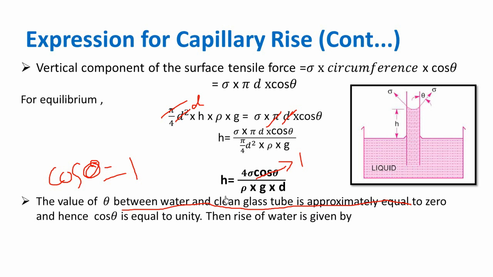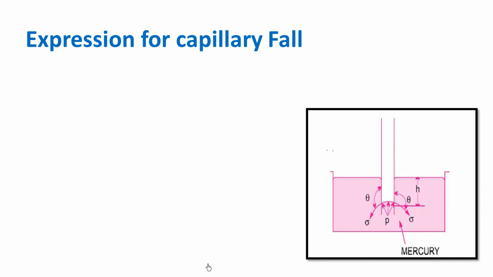Then we'll get h equal to 4 sigma by rho g d. So this is the capillary rise expression for the water, that is h equal to 4 sigma by rho g d.